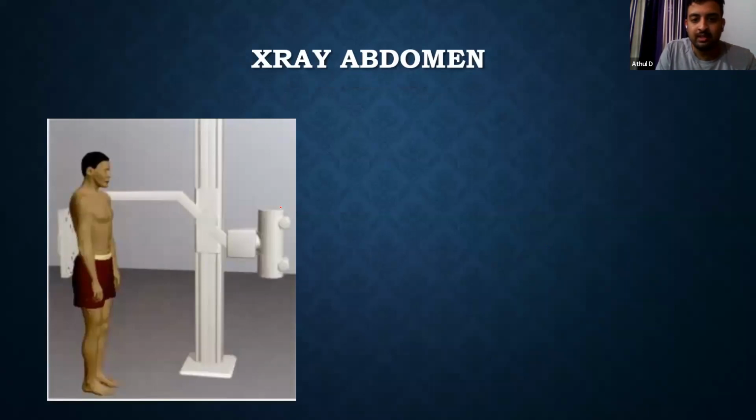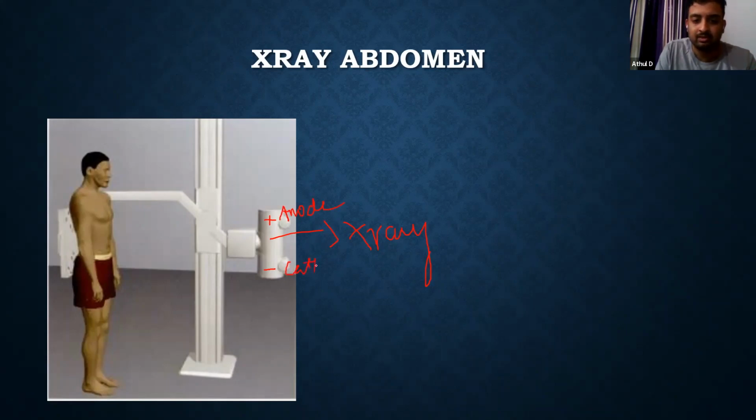First I will cover the basics of an X-ray. This is an X-ray tube, and in it there will be an anode and a cathode. Anode will be positively charged and cathode will be negatively charged. So this is the anode. I won't be going into the depth of the physics, just the basics.